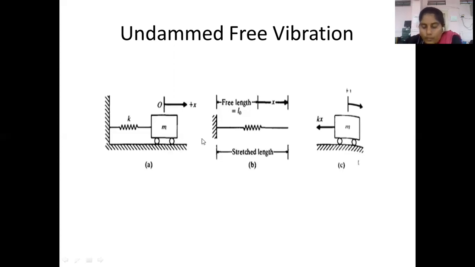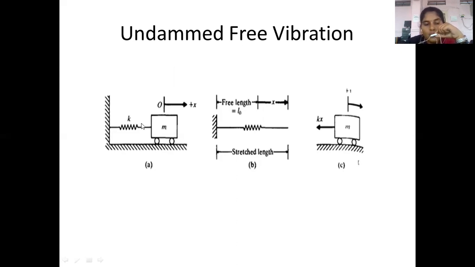Okay. So now we will see what this undamped free vibration system is. That is derivation number 1 from unit number 2. As per the name, undamped free vibration. For undamped free vibrations, undamped means the C parameter is 0.